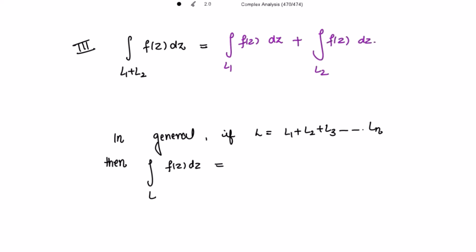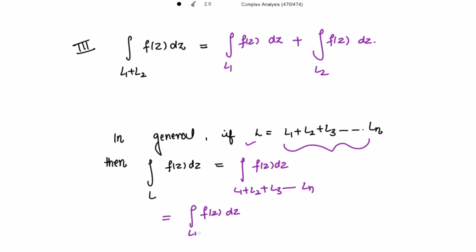Then in general, if L is the sum of the contours L1, L2, L3 up to Ln, the integral of f(z) dz over L will be equal to the integral of f(z) over L1 plus the integral of f(z) over L2, and so on up to the integral of f(z) over Ln.